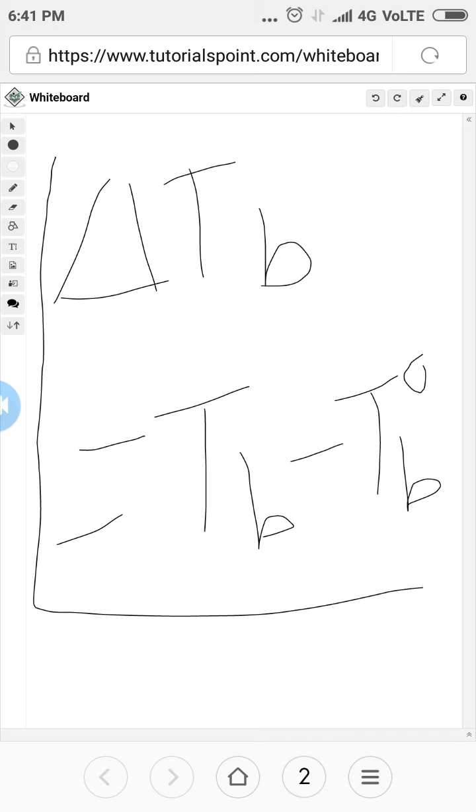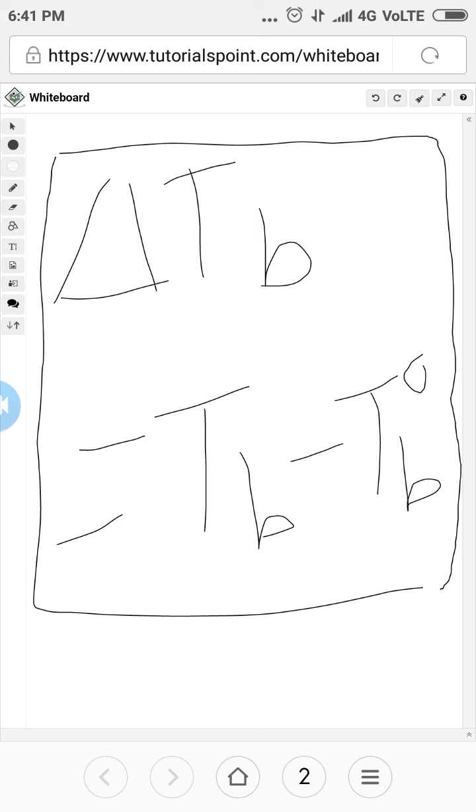Here delta Tb is the elevation in boiling point, Tb is the boiling point of solution, and Tb naught is the boiling point of solvent.